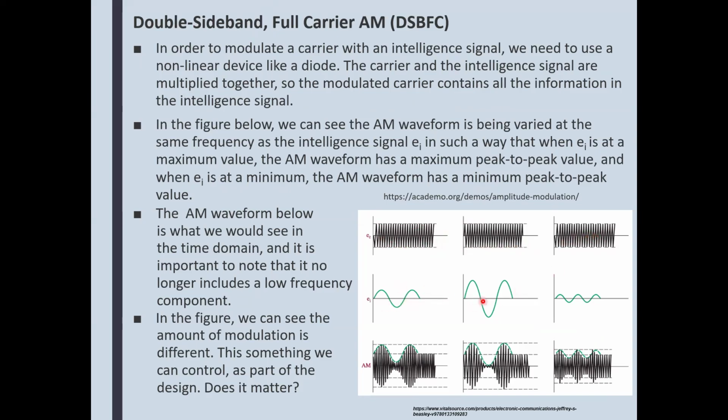The amplitude of the intelligence, of course, is going to change, because sometimes I'm going to speak louder and sometimes quieter. So this would be the amplitude of the intelligence, which is going to affect the modulated carrier when mixed.